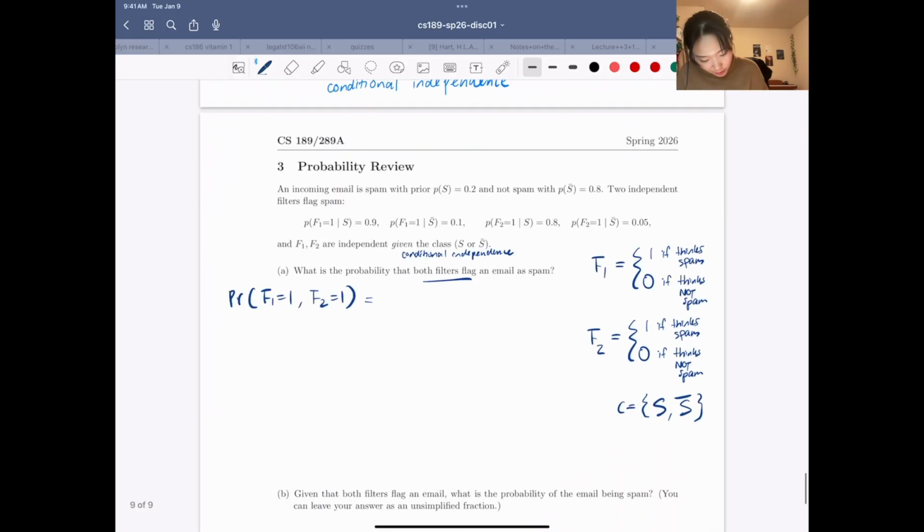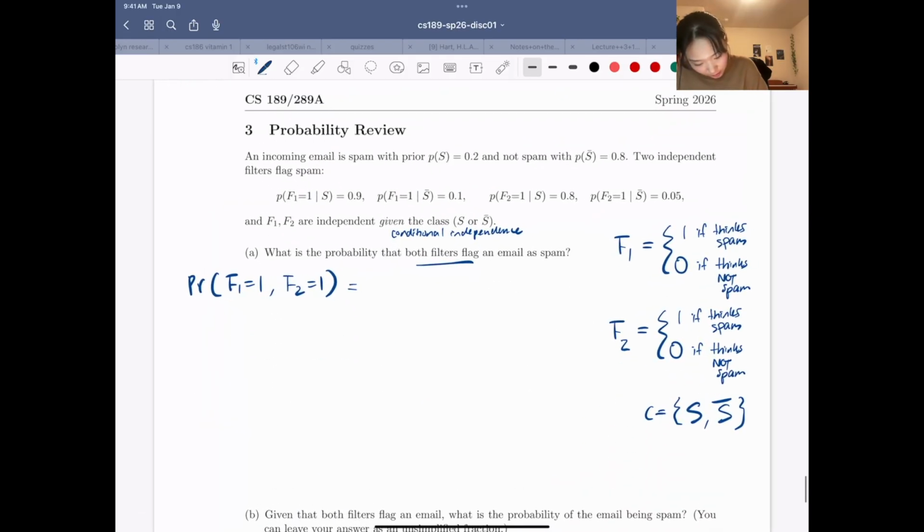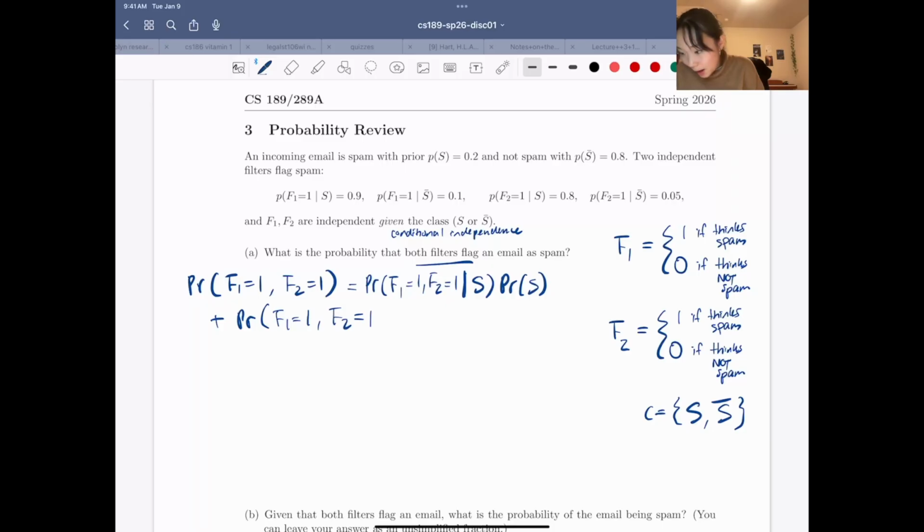And so over here, we can write this as the probability that both filters marked it as spam, given that this piece of mail was spam, multiplied by the probability that it was spam. We add this to the case in which, again, both filters flagged it as spam, but this time given the mail that came in wasn't actually spam.